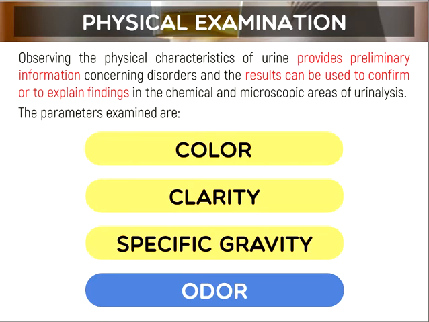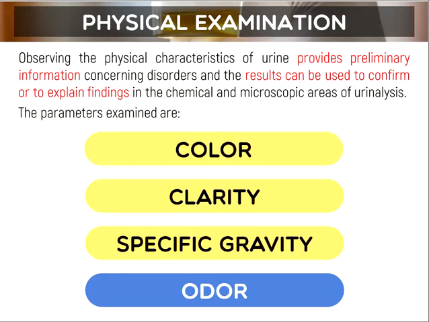Observing the physical characteristics of urine provides preliminary information concerning disorders, and the results can be used to confirm or explain findings in the chemical and microscopic areas of urine.